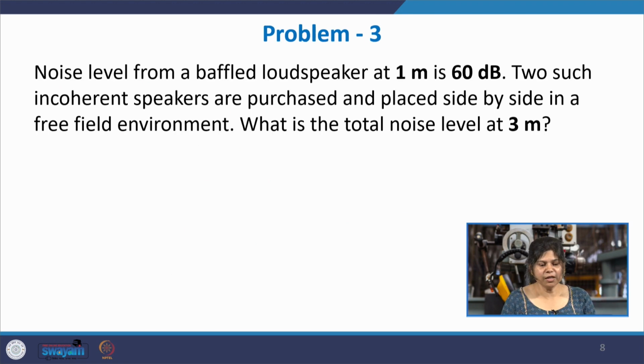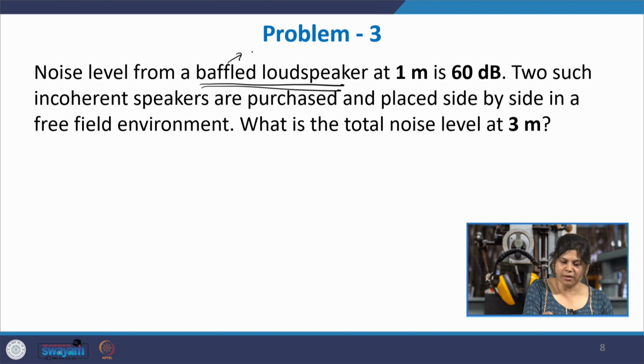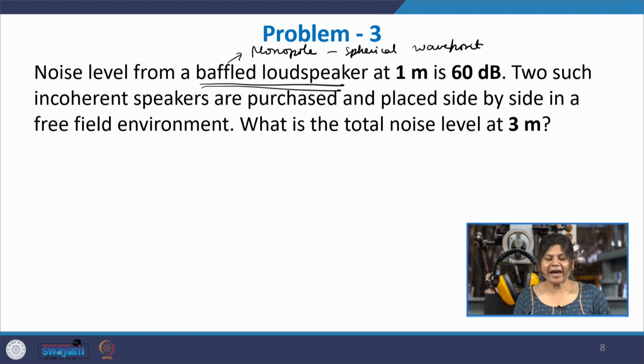Now, let us see the third problem. Here the noise level from a baffled loudspeaker, again this is baffled, so it is a monopole source with spherical wavefront, is 60 decibels at 1 meter.